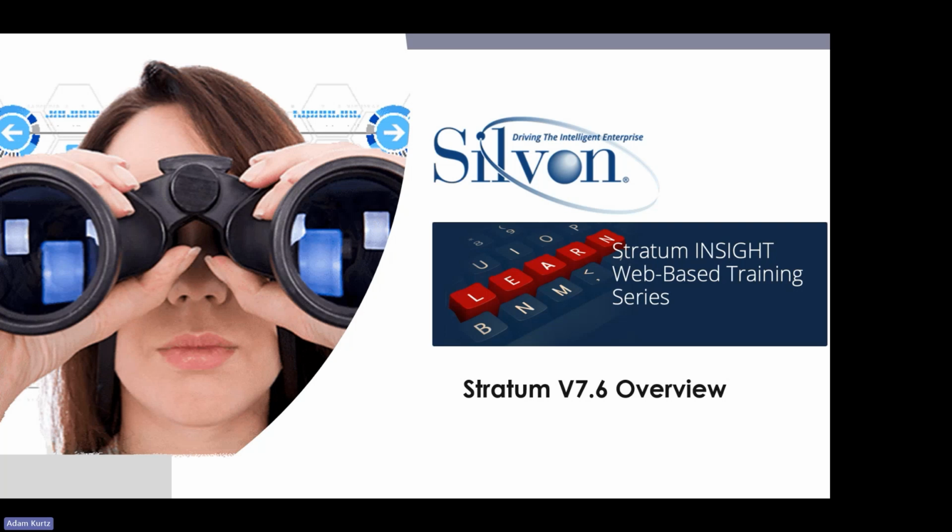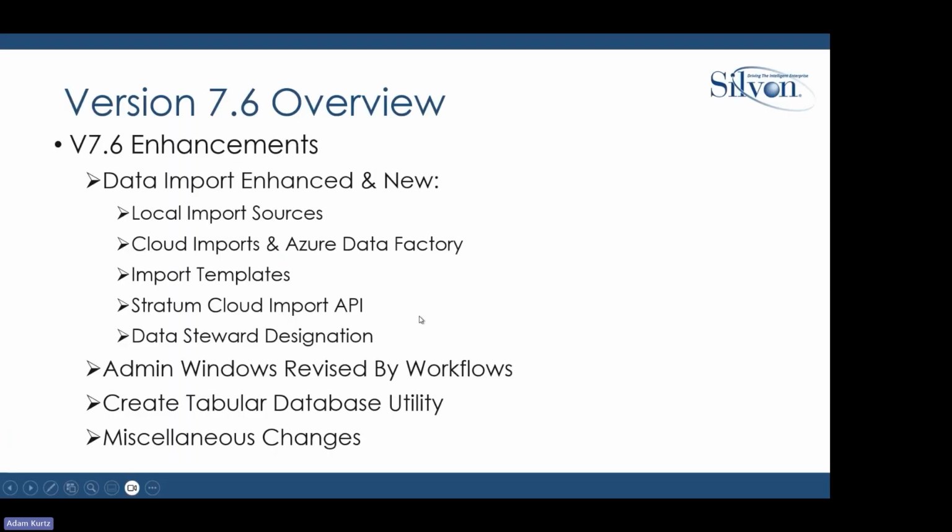And today we are going to talk about our latest release, version 7.6, which is hot off the presses, brand new version. So we're going to talk about some of the features that the new version provides. And so as you can see, a lot of data import enhancements.